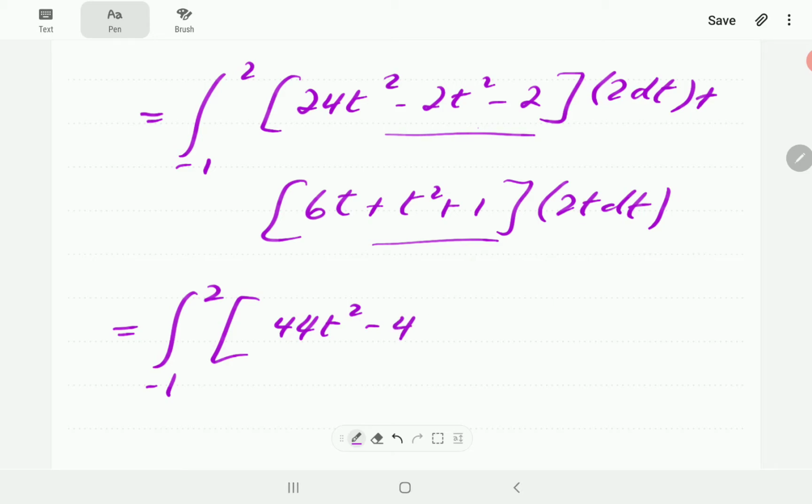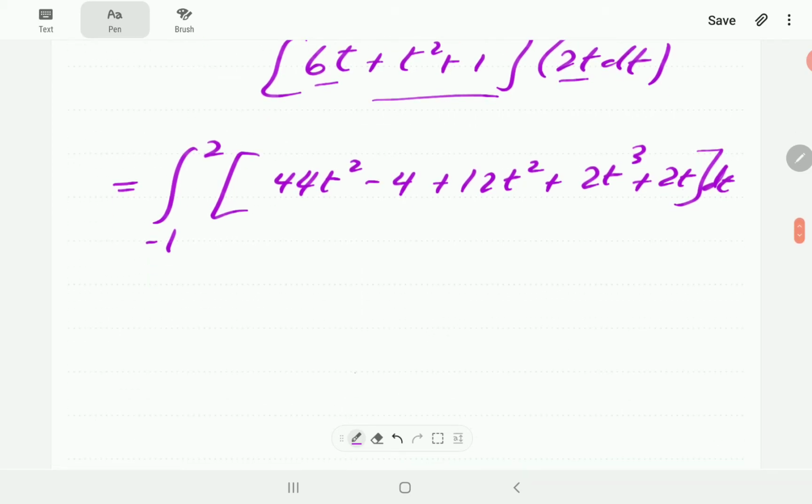And then from the second set of brackets, 2t times 6t is going to be 12t squared. Then we're going to have 2t cubed, then 2t, dt.